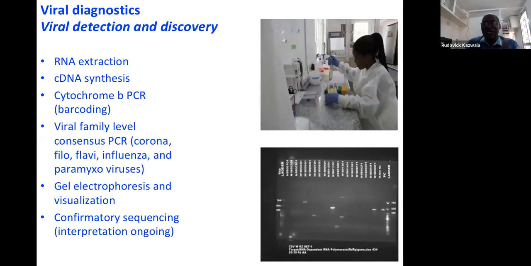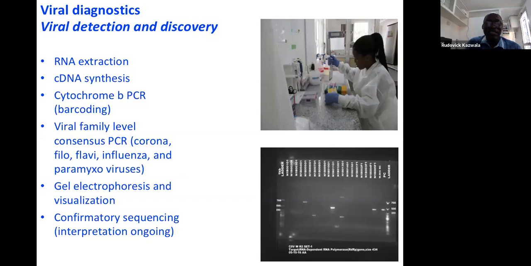And as I've been mentioning, I have a viral discovery lab where we are looking a lot at those pathogens. And the major viral families we looked at are corona, not COVID, filo, flavi, influenza, and paramyxo.